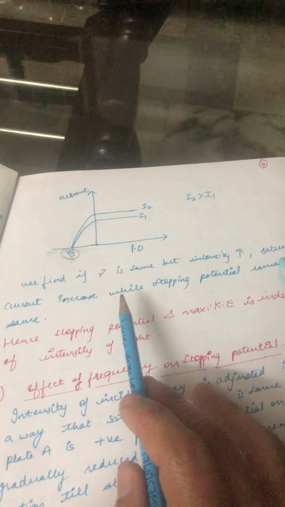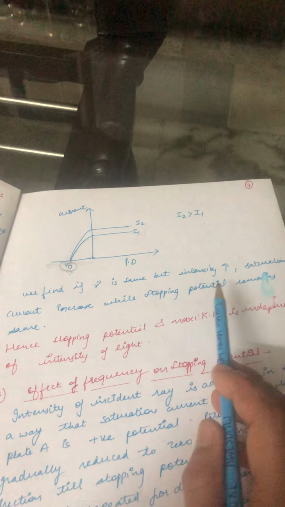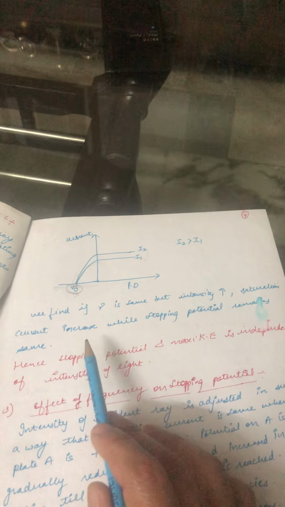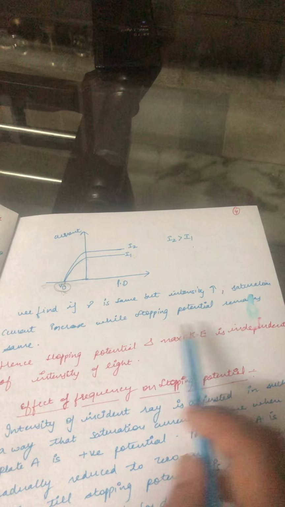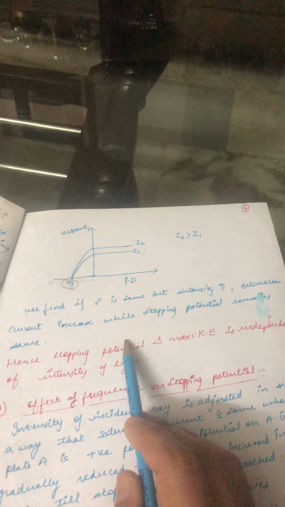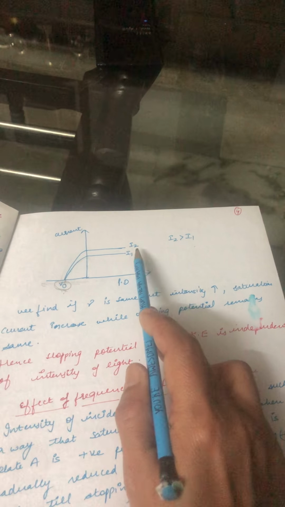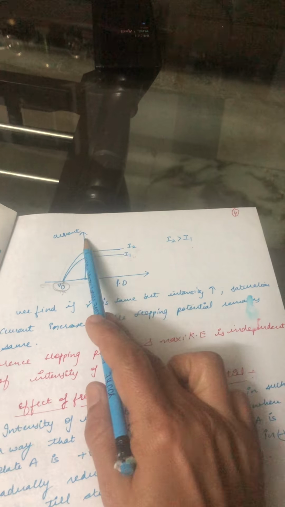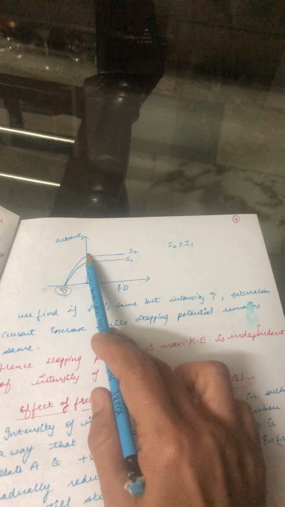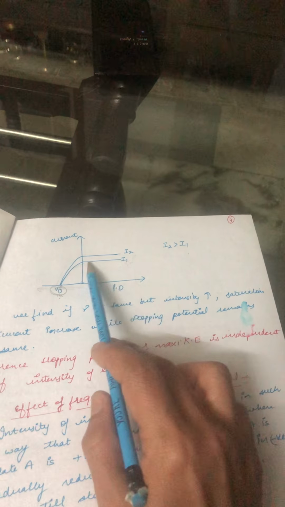We find that if frequency is the same but intensity increases, the saturation current increases while stopping potential remains the same. Because with the increase in intensity, I2 is greater than I1. If I2 is greater than I1, current is more because this curve is slightly above as compared to this curve.